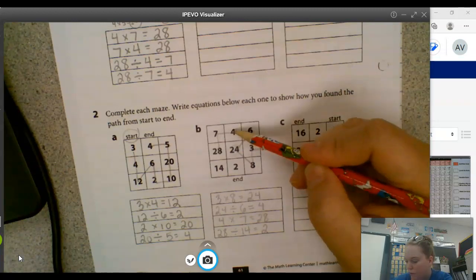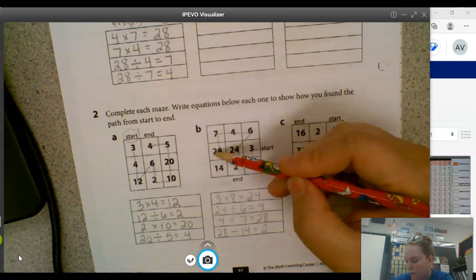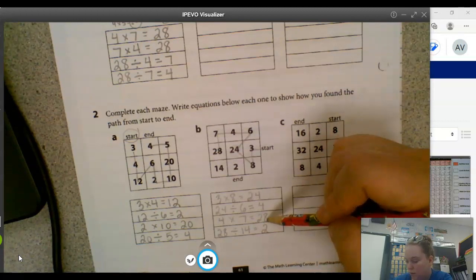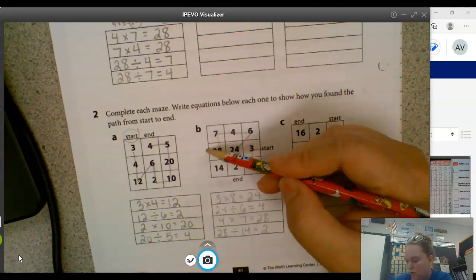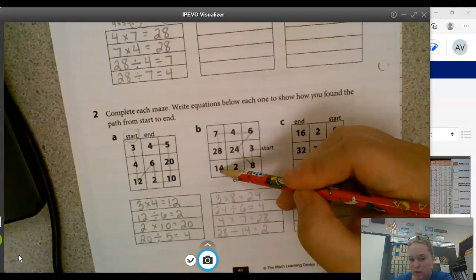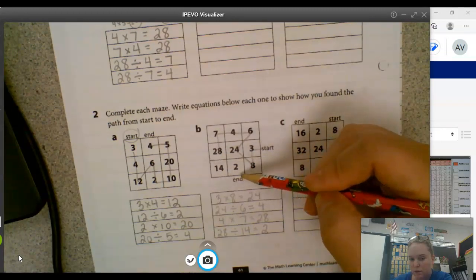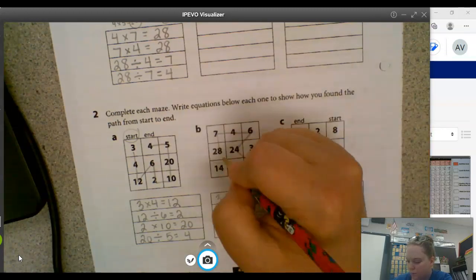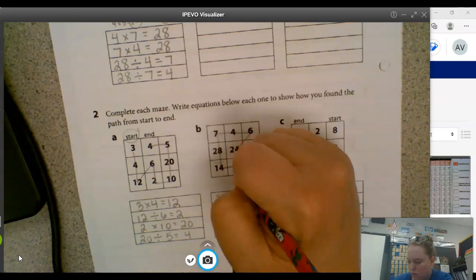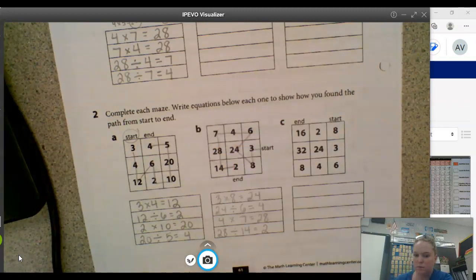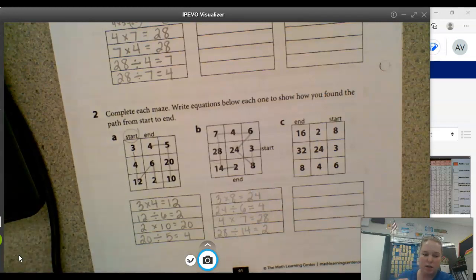So I left off at 4 times 7 equals 28. And that was my third equation. Left off at 28, so I start at 28. 28 divided by 14 will get me to 2. And that gets me to the end. Okay, give that last one a try and then come back when you're ready.